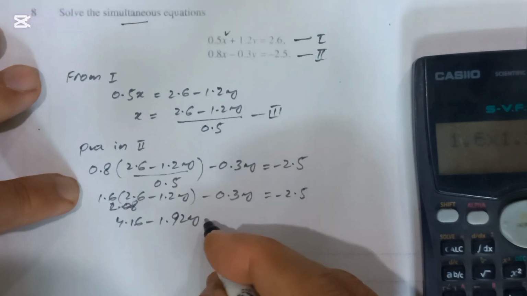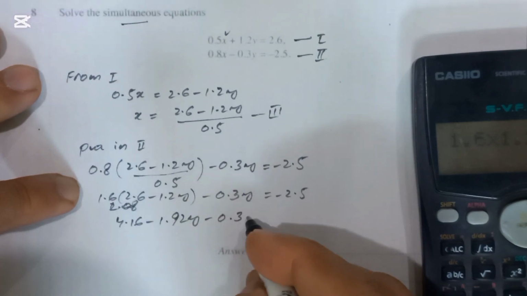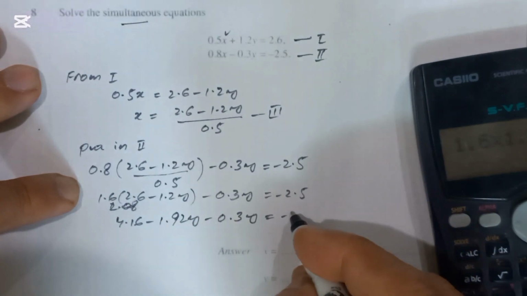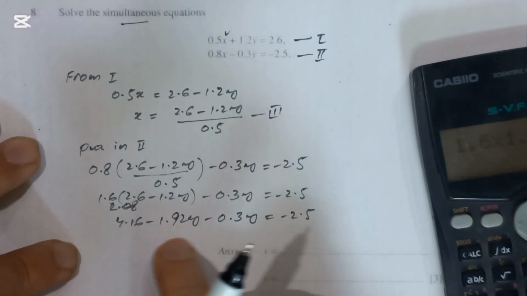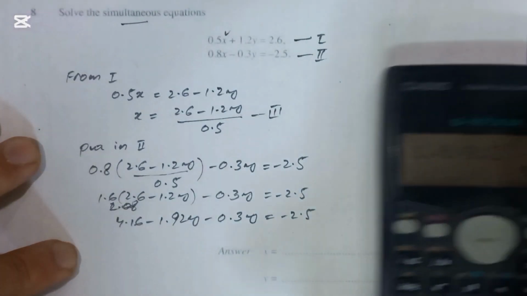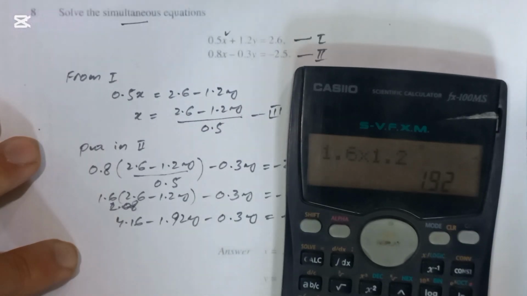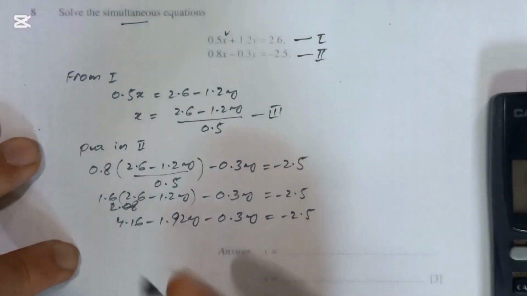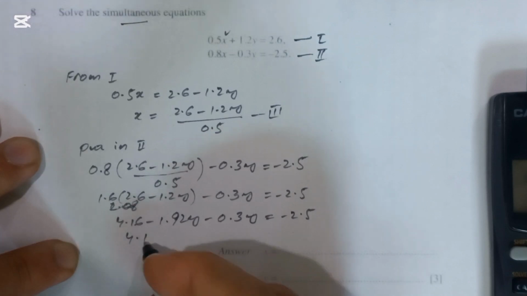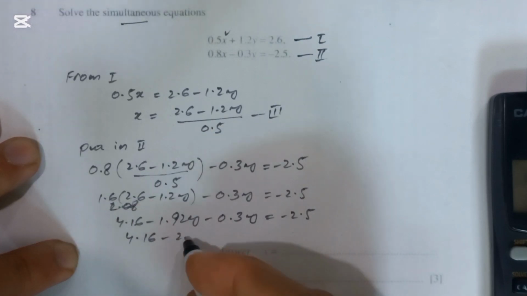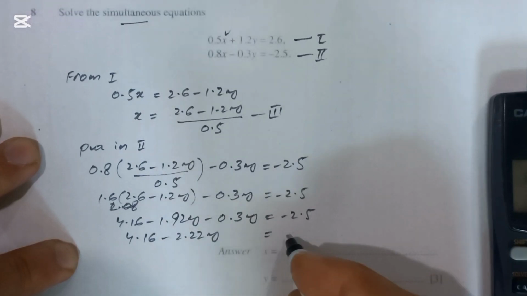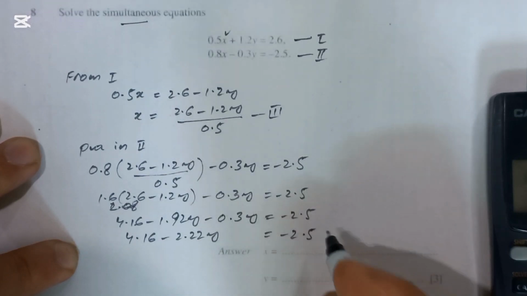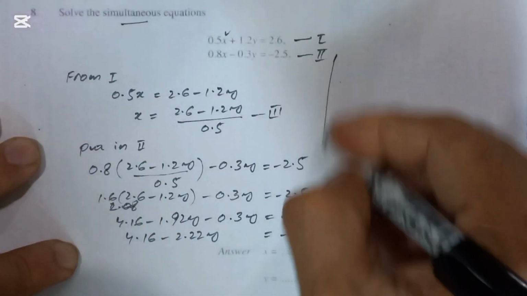Y is as it is, minus 0.3y and minus 2.5 will remain as it is. Okay, now minus 1.92 and minus 0.3 will make 2.22y, equal to minus 2.5, which remains as it is.